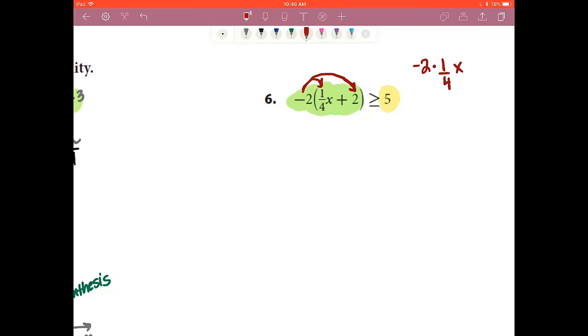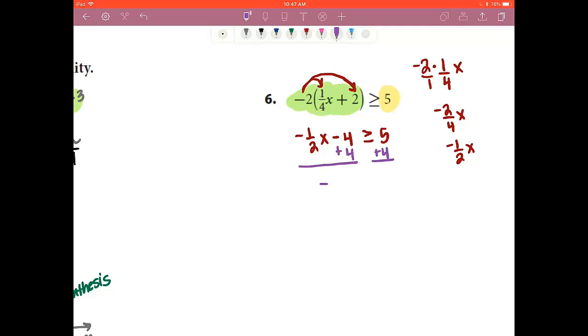Negative 2 times 1/4 x is the same thing as negative 2/4 x, which is negative 1/2 x. So negative 1/2 x, negative 2 times positive 2 is negative 4, is greater than or equal to 5.